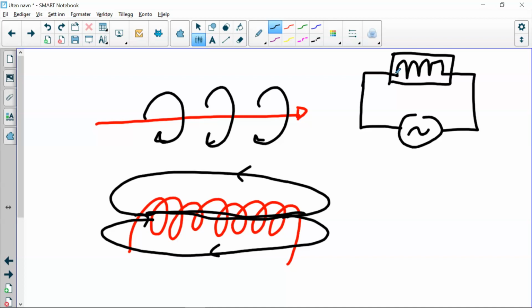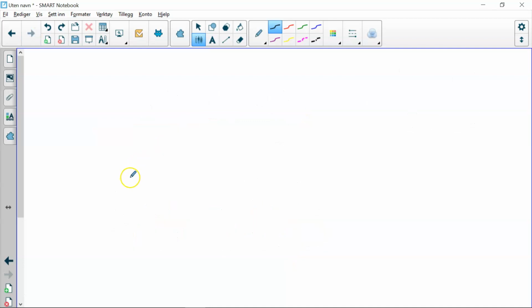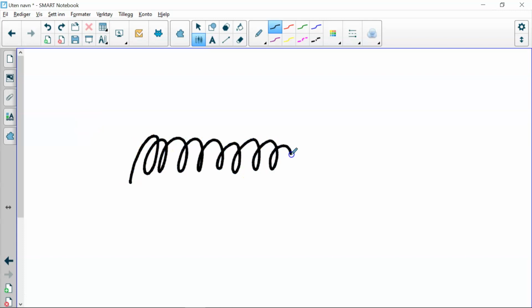And of course the size of the inductor matters as well. What forms the inductor is a number of turns. So the more turns I have, the larger the inductor. So L depends on the number of turns, N.